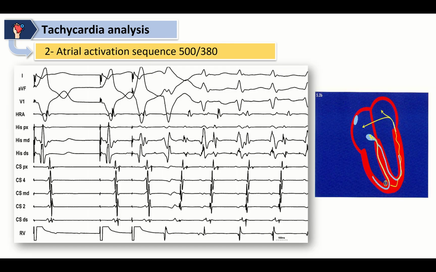Here we have an example. Let's assess the atrial activation sequence. On the left side of the tracing it's ventricular pacing, and we can appreciate the earliest atrial activation at the high right atrium. So we have a right lateral accessory pathway.